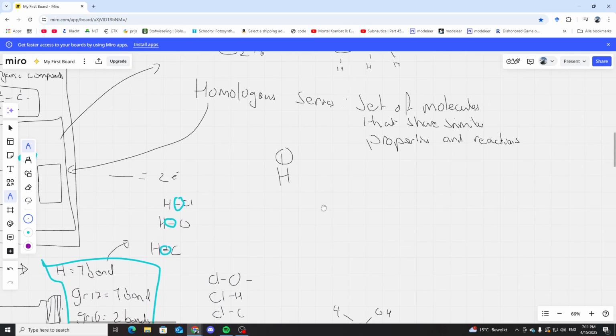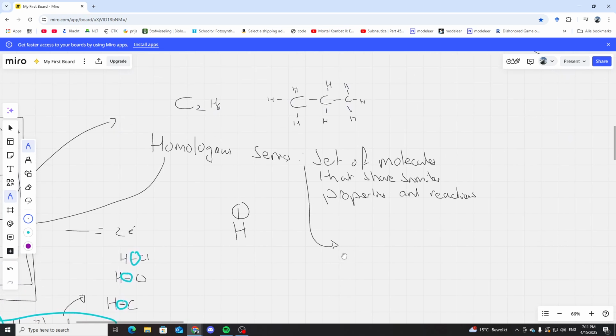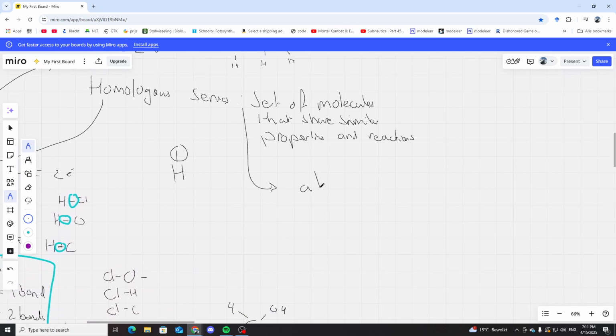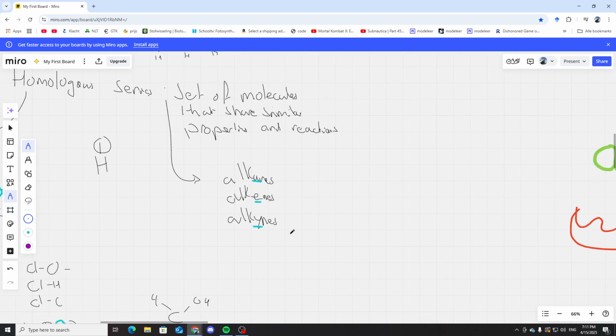And we have 3 of those that you need to know for our hydrocarbons. They are the alkanes, alkenes, and alkynes. You see, the only difference here is from an A to an E to a Y. And what is the difference between alkanes, alkenes, and alkynes?